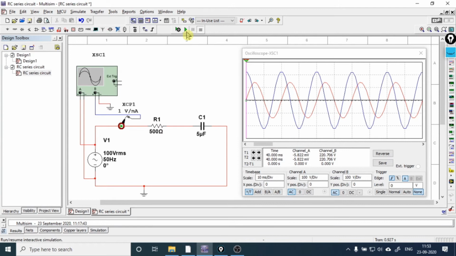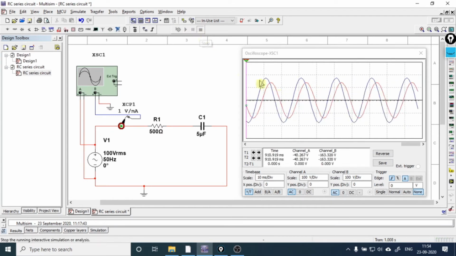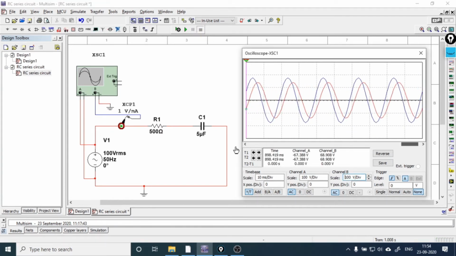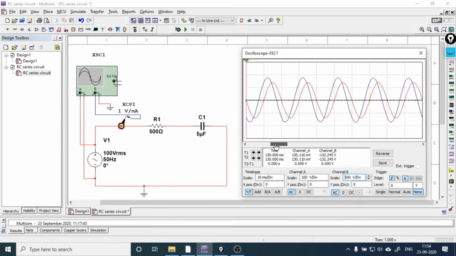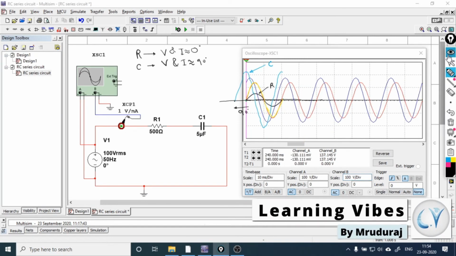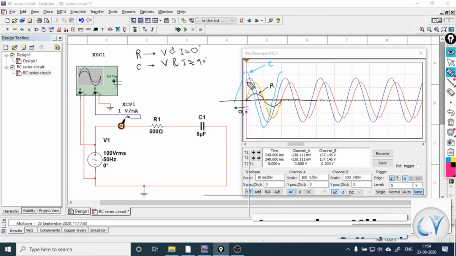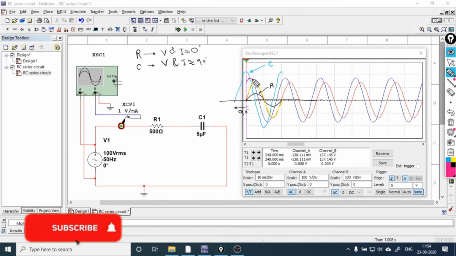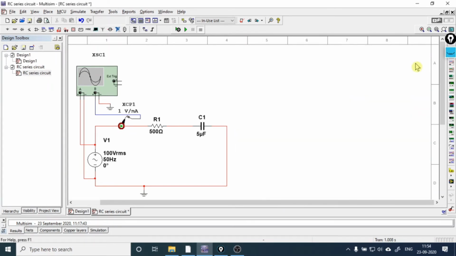Now we'll run this simulation again, stop it, and draw the new waveform of current. So now we will analyze.